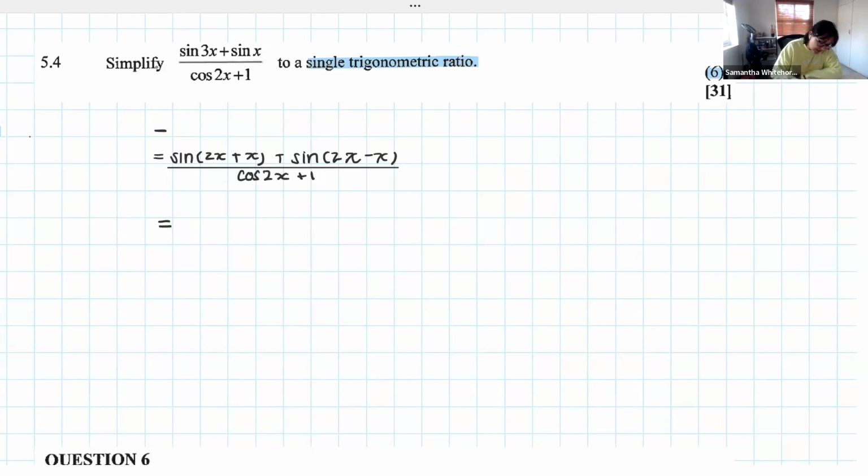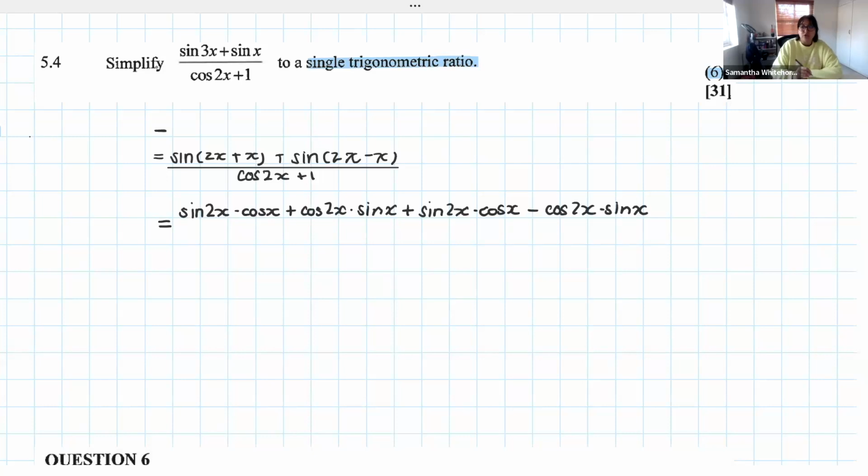So in my numerator, these are all compound angles, so I can expand. So sine 2x cos x plus cos 2x sine x plus sine 2x cos x minus cos 2x sine x.